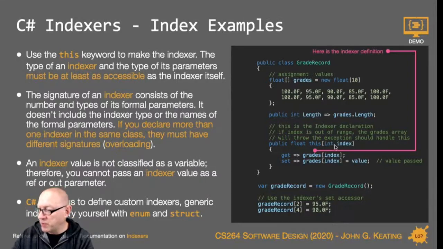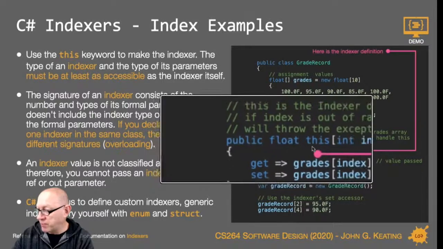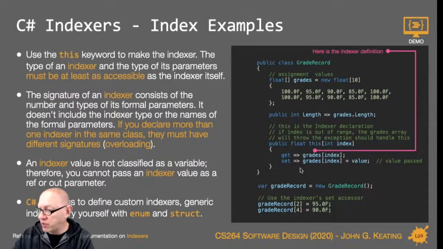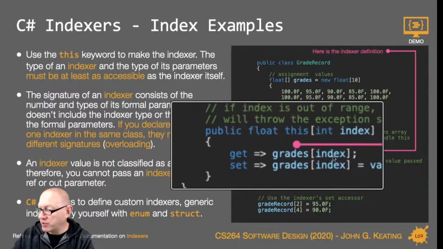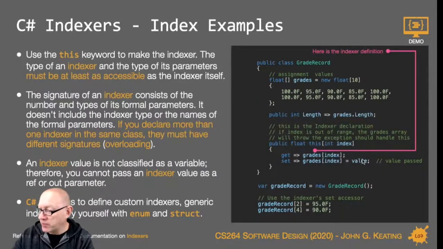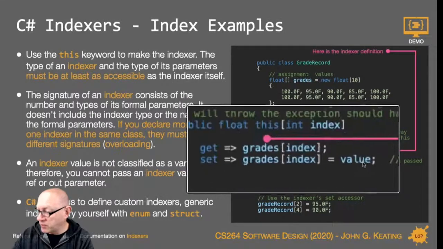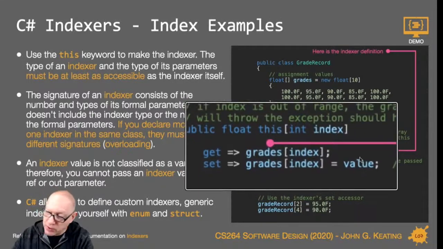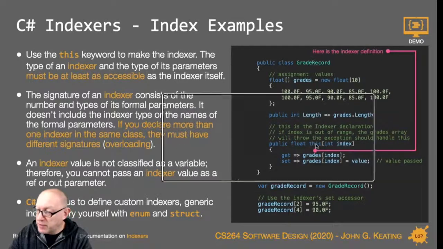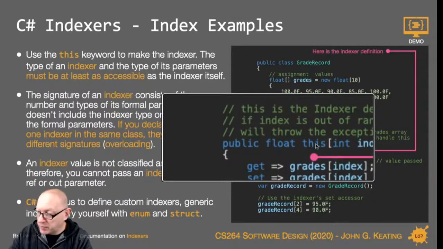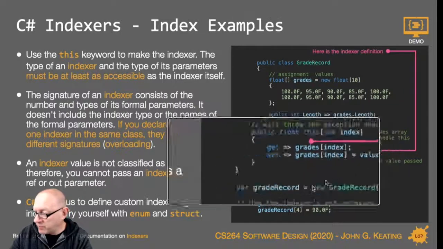So we set the property for the grades record, and we're able to return grades[index], or we're able to set the value that's passed to it as part of this as well. That's the passed value. A lot of the time, if you're reading notes on this, you'll see that indexer definitions rely on this and value. You'll see a lot of those.